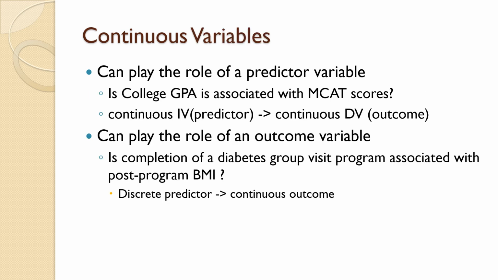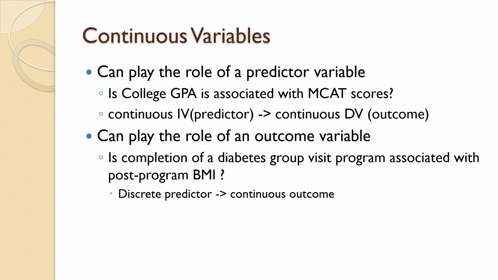Continuous variables also can be either predictors or outcomes. That should be pretty straightforward. The reason we stall on this is because I think from the learning of statistics, the thing that trips students up is, what kind of test do I need? Which test do I need here? And the answer is always predicated on the kinds of variables that you have.